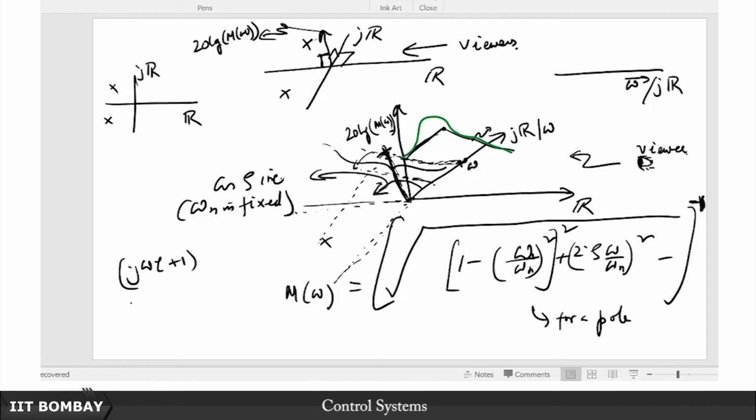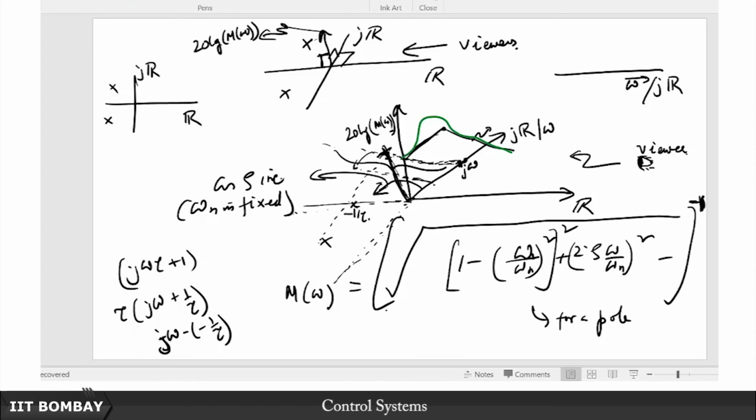If you take this tau out, it is nothing but j omega plus 1 by tau, and by now we are very familiar with this. This is nothing but j omega minus (minus 1 by tau). So that is like saying that this is the point j omega, and you are finding the distance of the point minus 1 by tau from here. So minus 1 by tau is probably somewhere over here.